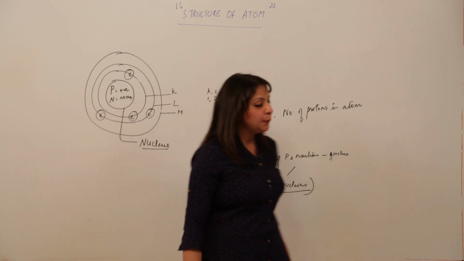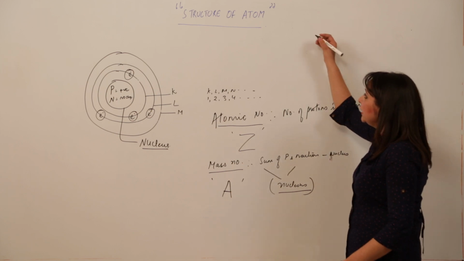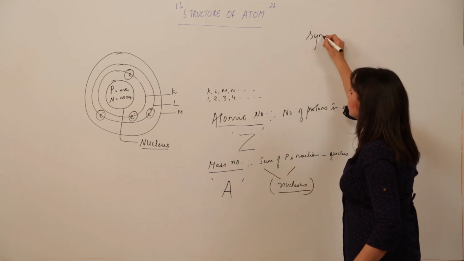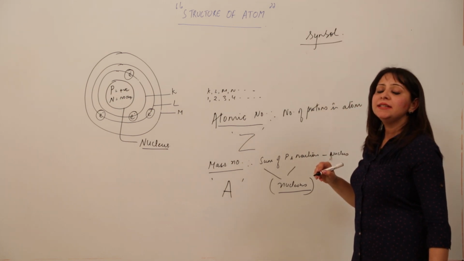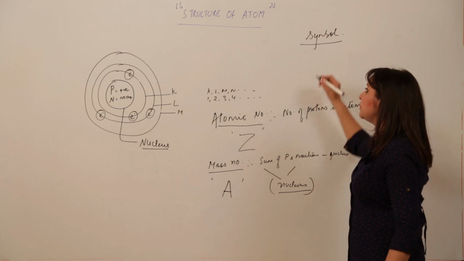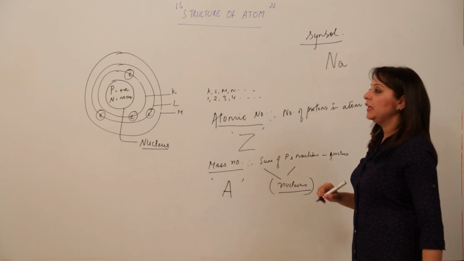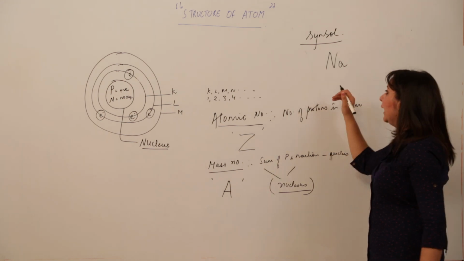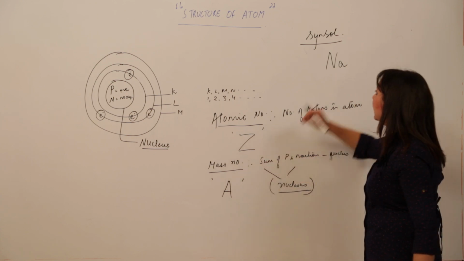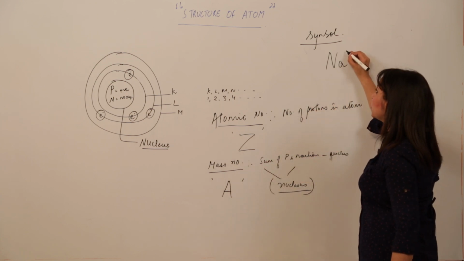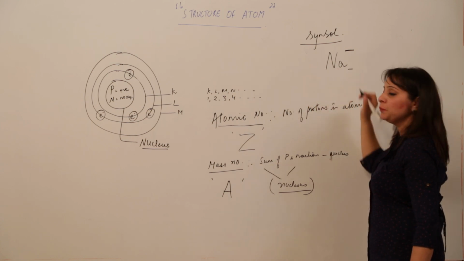Whenever we represent any element, we use its symbol. Say I am taking the example of sodium. The Latin name of sodium is natrium, and the symbol used for sodium is Na. To represent an element, you first write the symbol, and then you specify the atomic number and mass number. Mass number is written as a superscript, which is written on the top, and atomic number as a subscript, which is written at the bottom.